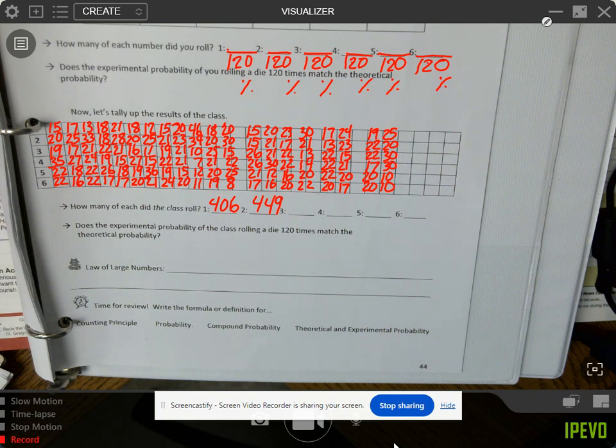Now the threes. 19 plus 17 plus 21 plus 22 plus 21 plus 16 plus 11 plus 19 plus 21 plus 10 plus 25 plus 15 plus 26 plus 21 plus 22 plus 13 plus 22 plus 15 plus 22 plus 30.